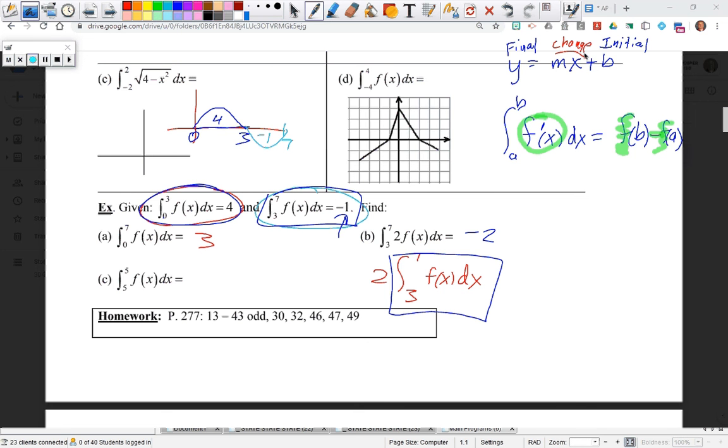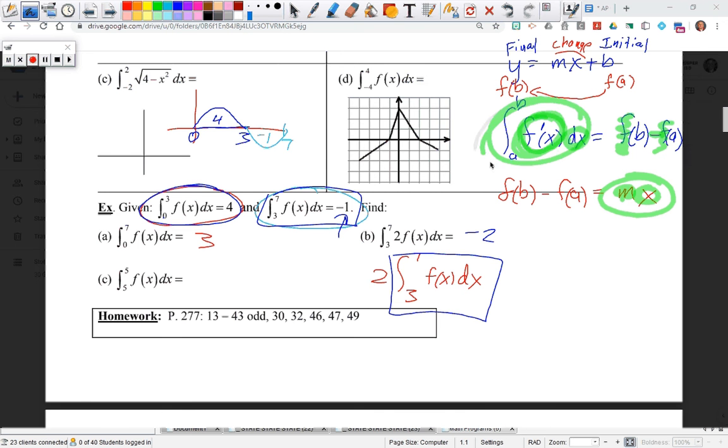So initial is f of a, final is f of b, and if I subtract this over, it's like saying f of b minus f of a is equal to mx. This is the slope, this is with x. This is the same as this. And it's what you've been doing since y equals mx plus b.